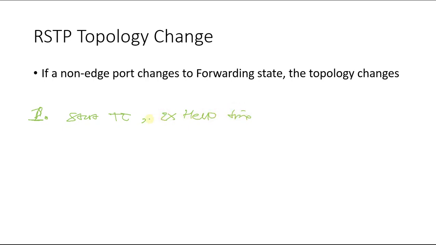All MAC addresses learned by the ports whose status changed are cleared before the timer expires. The port sends RSTP BPDUs with the TC field being 1.